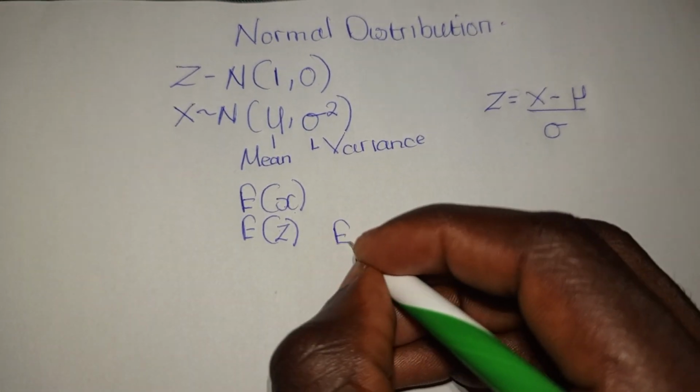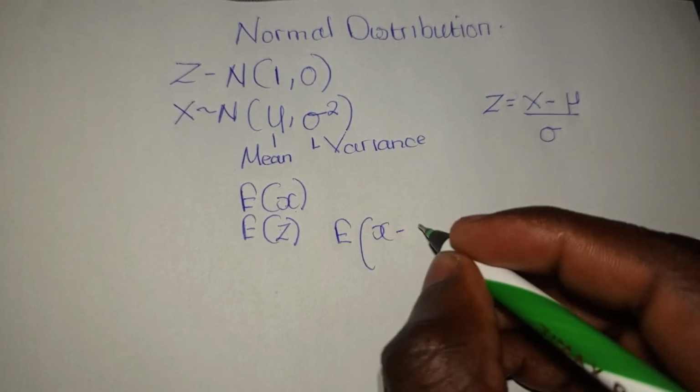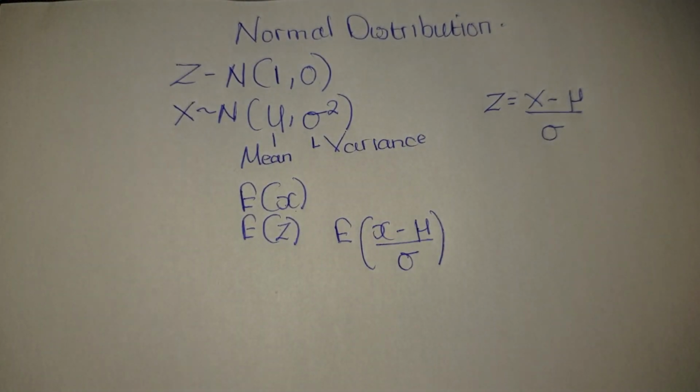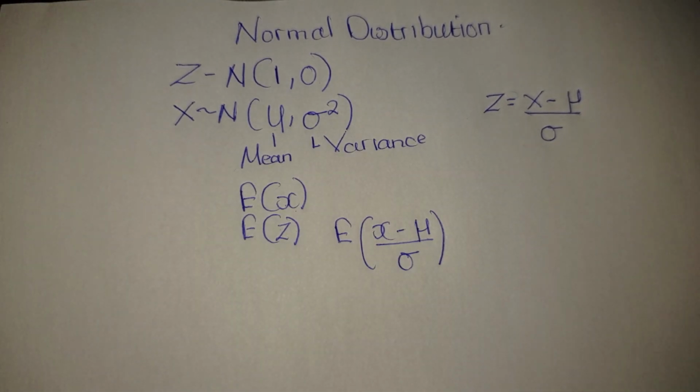So we will have the expected value of (X minus mu) over sigma. Remember, under the properties of expectations, we said we can always factorize a constant.